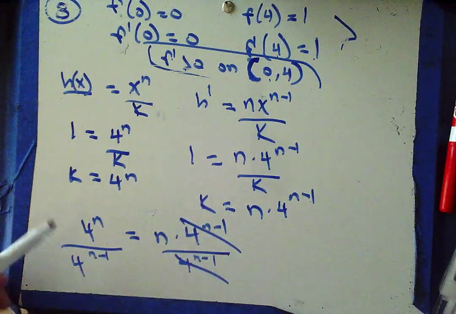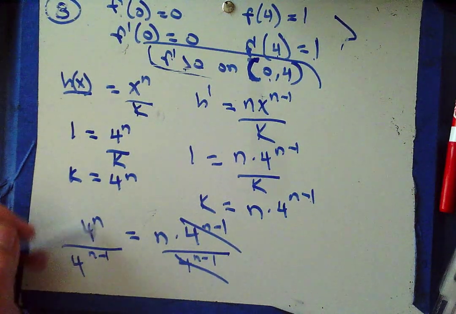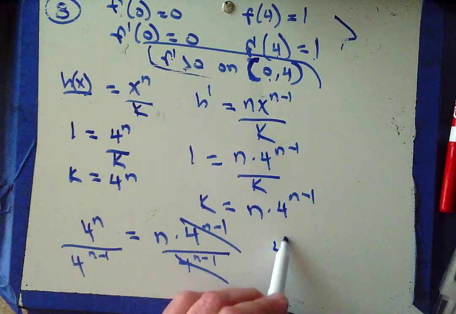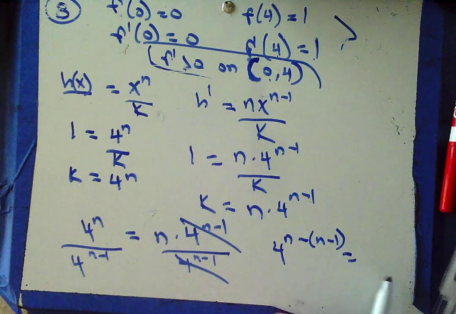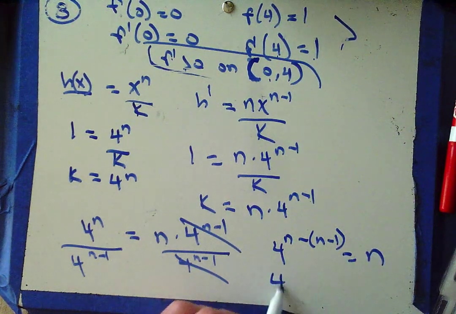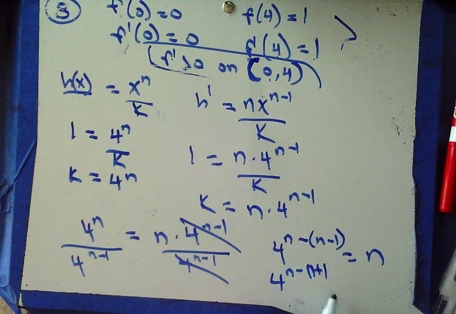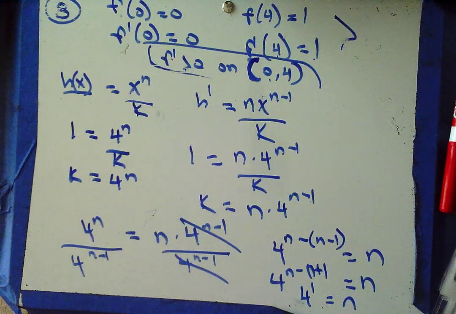The reason I want to do that is because when the bases are the same and I'm dividing, I can subtract the exponents. So I'm going to have 4 to the n minus (n minus 1) equals n, or 4 to the n minus n plus 1 equals n. And that's 4 to the 1 equals n, or n equals 4.